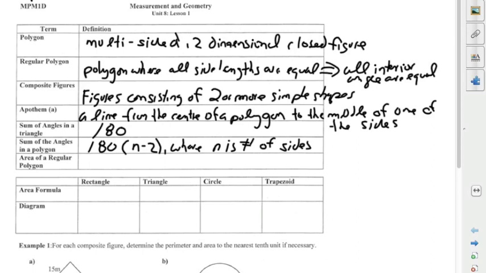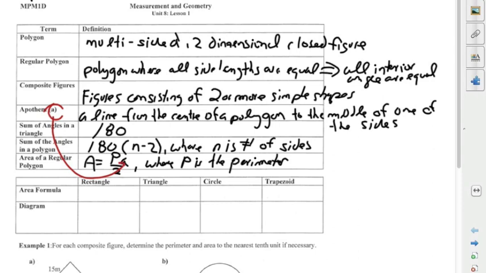For a regular polygon, you make triangles and count how many there are, but it comes up to a generic formula: area is equal to one half times capital P times a, where P is perimeter and a is the apothem.